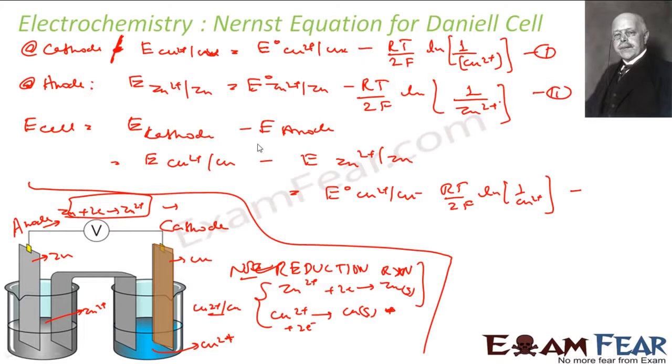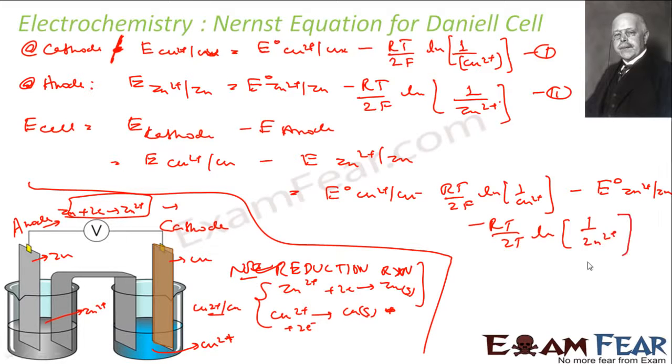So from equation 2 I can put the value E of Zn2+ to Zn is nothing but E naught of Zn2+ to Zn minus the same value RT by 2F ln of 1 by Zn2+.